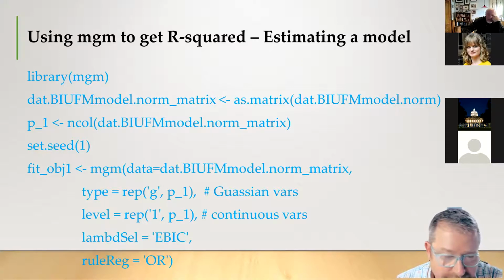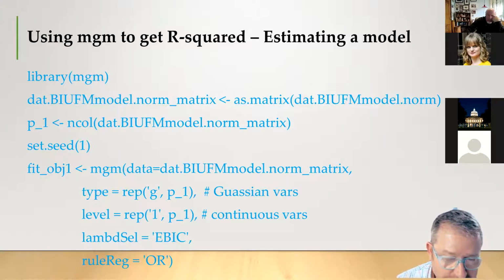I said, this is my data, saying type equals rep quote G, and that comma with the number of nodes, tells it that it's Gaussian variables, that I want to do partial correlations. Level equals rep 1, comma, the number of nodes, tells it that it's continuous variables.